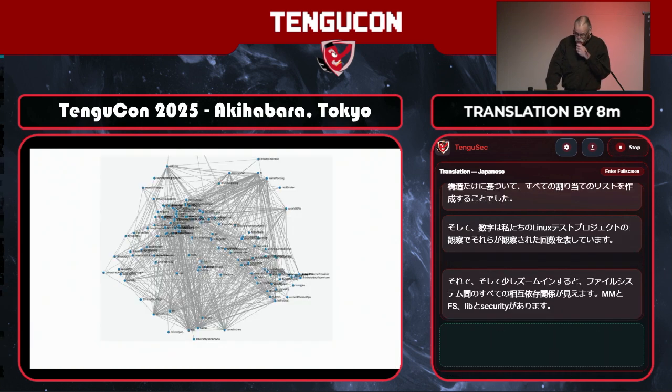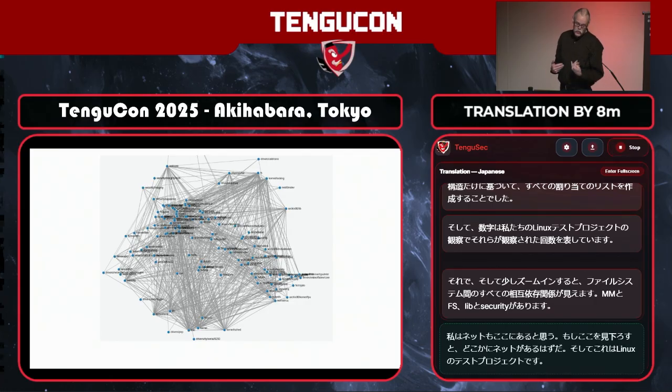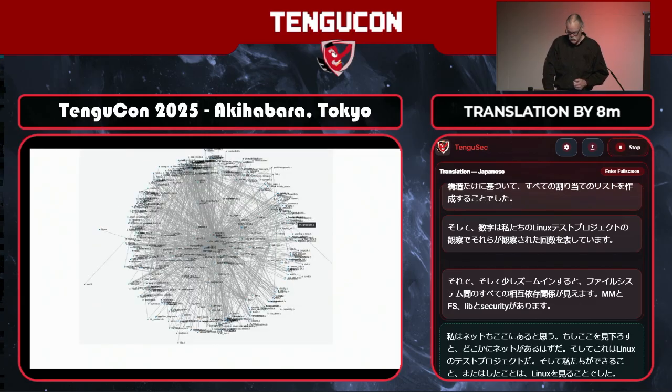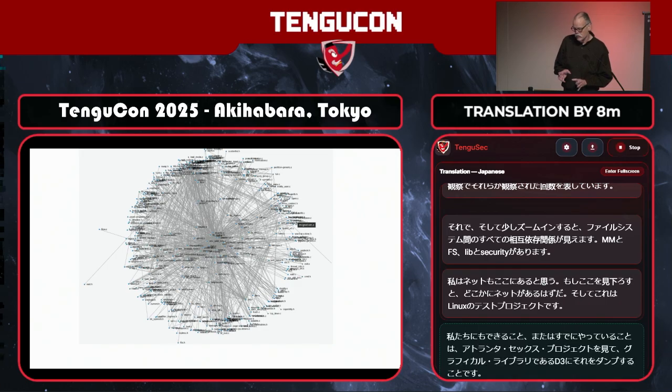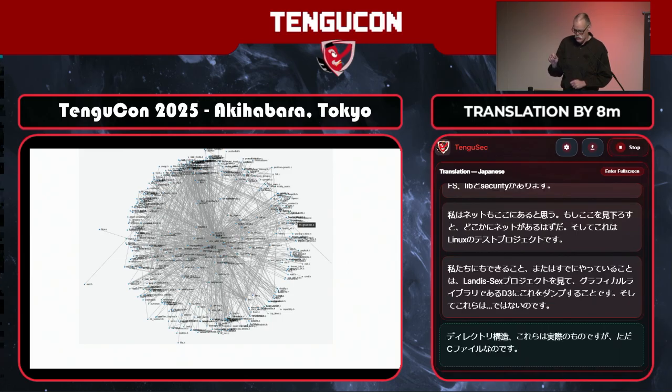And then what we could also do was look at the Linux test project and dump this in D3, which is a graphical library. And these are not the directory structures. These are just the C files that are used in a process that's running in the Linux kernel.